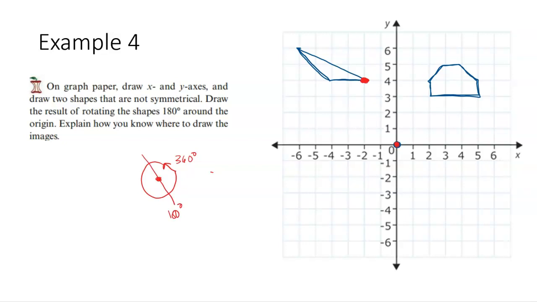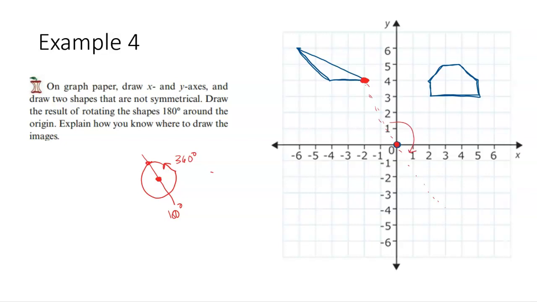And that center point is my origin. So I am going essentially halfway around this coordinate plane. So I was about here. Okay, how far am I from the origin there? I'm about there. And I'm going to go all the way to over here, right? That's a 180 degree turn.